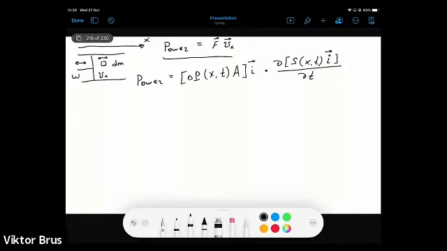So now we know that for sound, which is a longitudinal wave, displacement of elements of the environment happens in the direction parallel to the direction of spreading of the wave. So that's why this force vector should always be parallel to the velocity vector.